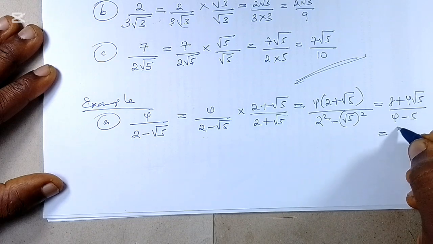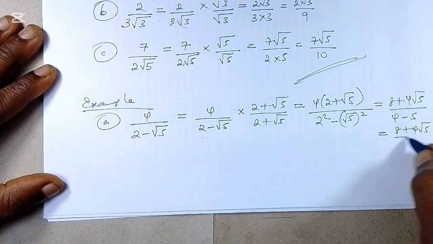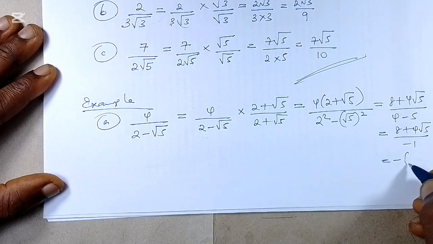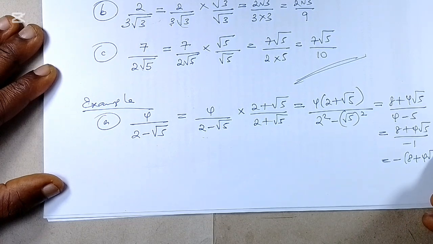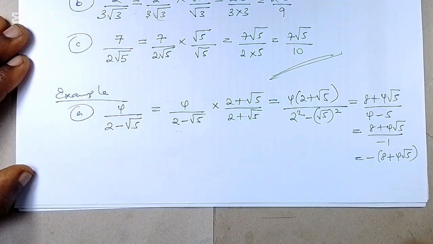So this will give you 8 plus 4 root 5 all over minus 1, which is minus in bracket 8 plus 4 root 5, okay, and that simplifies this problem.